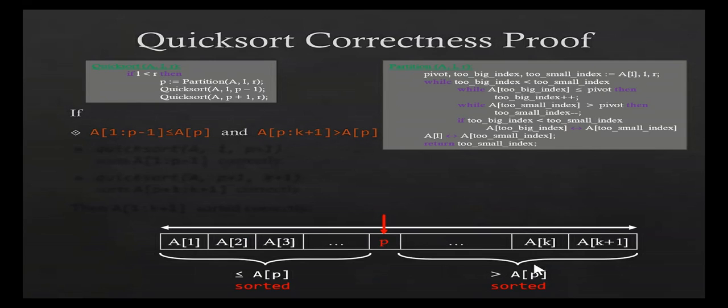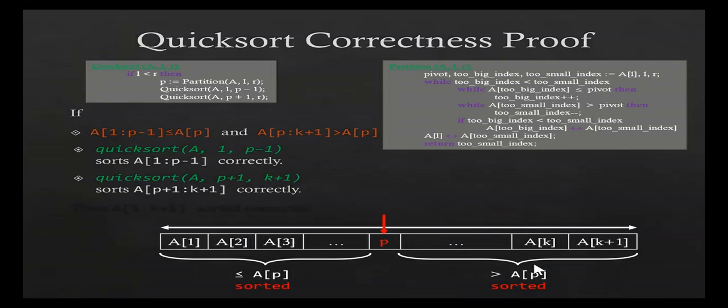So if this condition is satisfied, we can definitely say that the left sub array, A1, returns a sorted array. Similarly, the rightmost sub array also correctly returns a sorted array.